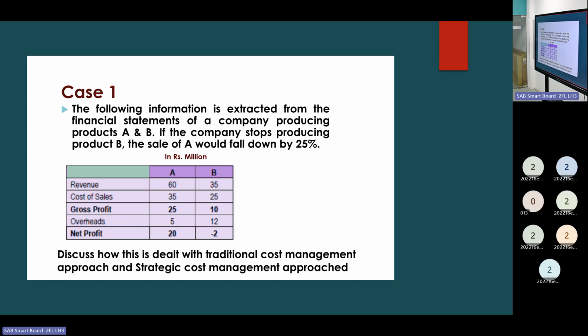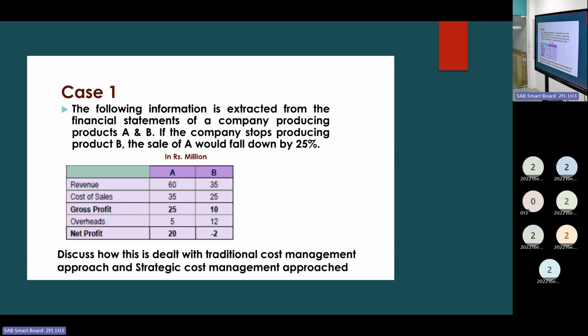What I mean is, 25% sales fall of A in a strategic cost management perspective. If you look at the overall organization from the strategic cost management perspective only, you will identify that there would be an impact on sales. Now that happens sometimes.